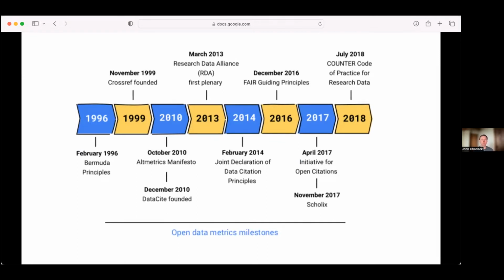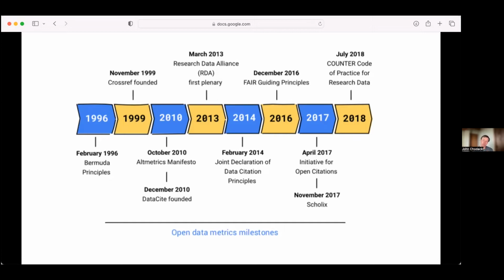And not going through each of these things in this timeline that Make Data Count put together, but there have been a lot of people and work that's been done into opening up scholarship, so articles, then also thinking about how articles have underlying data.